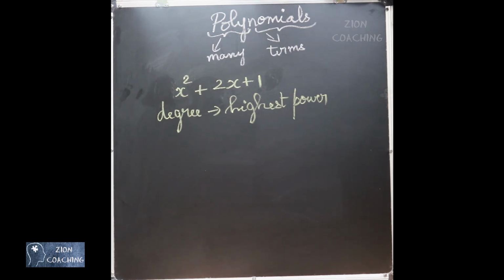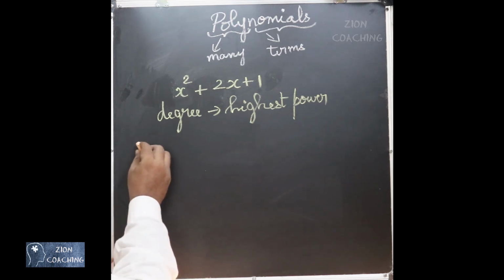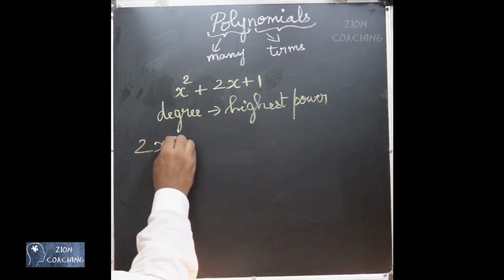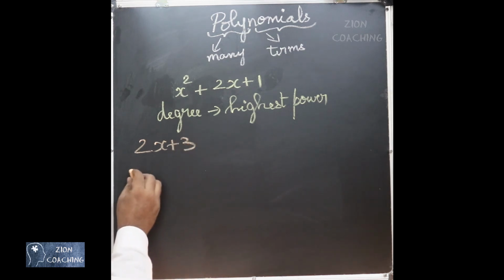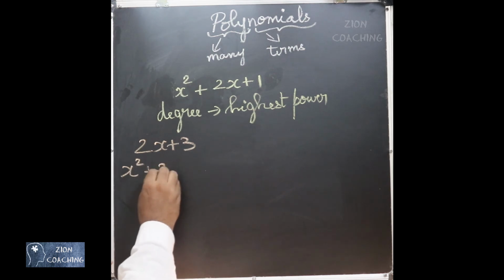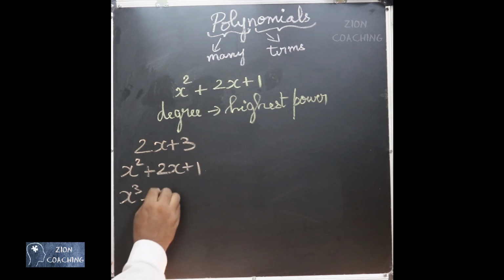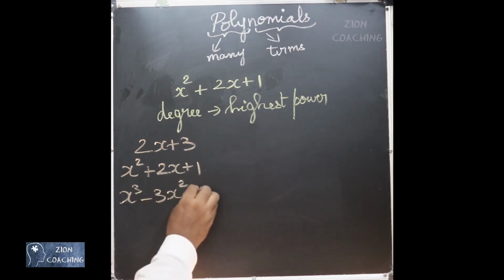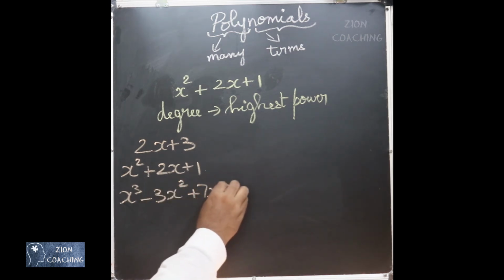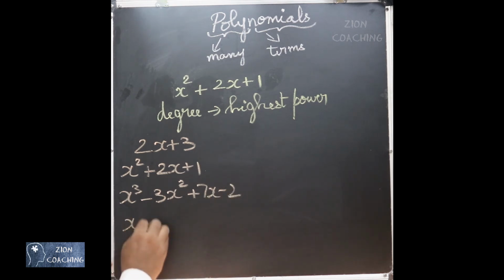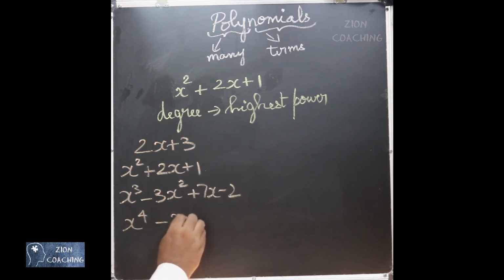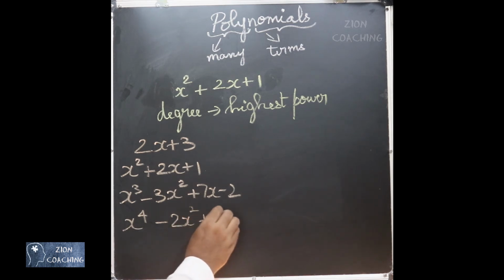Like that, I will give you one example for each. Consider 2x plus 3. Then the second one, the same example, x squared plus 2x plus 1, x cubed minus 3x squared plus 7x minus 2, x power 4 minus 2x squared plus 17.